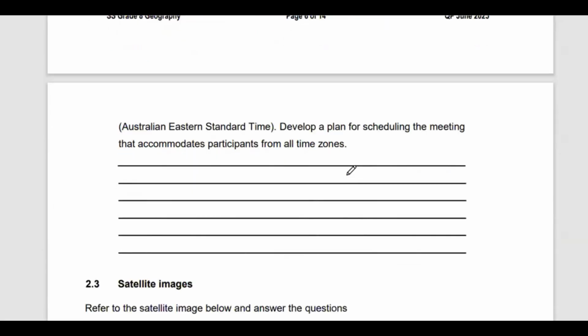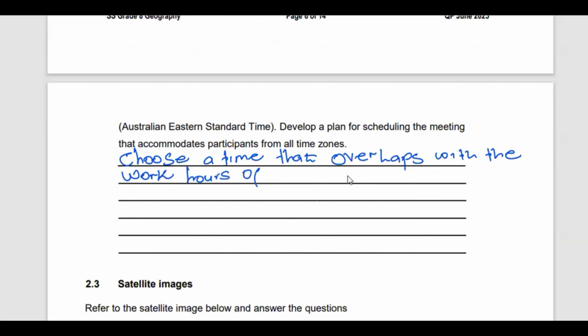Here we need to choose a time that overlaps with the work hours of all participants.